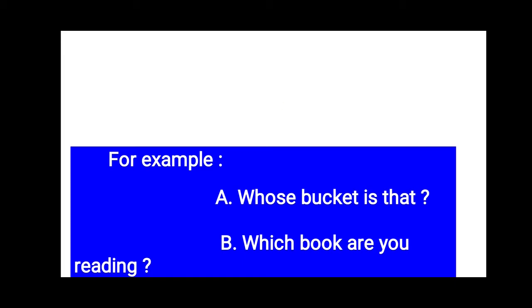In the first example it is whose, and in the second one it is which. They modify the noun. In the first example, the interrogative word whose is modifying the noun bucket. And in the second example, the interrogative word which is modifying the noun book. So they are our interrogative adjectives.